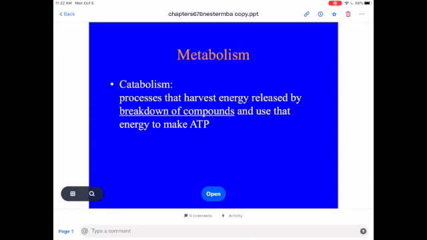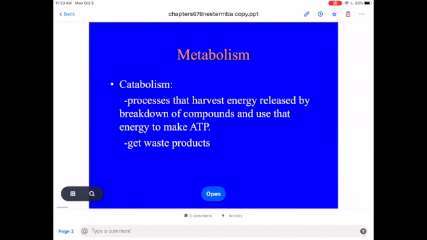All right, so catabolism is all about breaking down substances to get energy out of them. Our cells break down sugars so that we can get energy out of the sugars that we eat. So this is all about making ATP. You get some waste products from that.